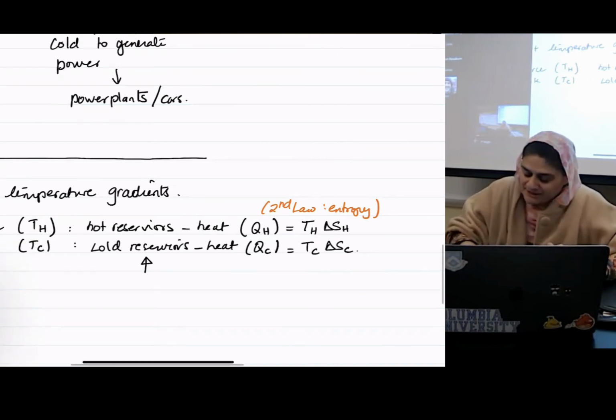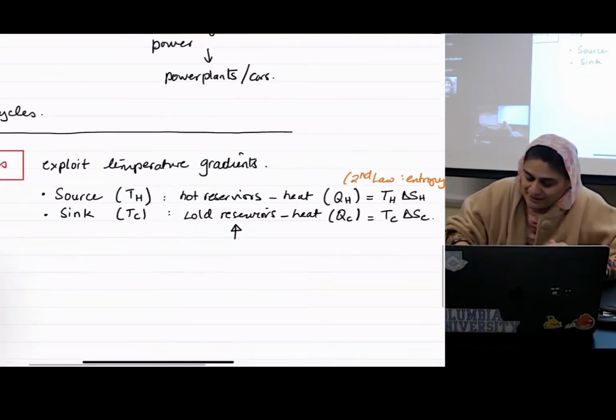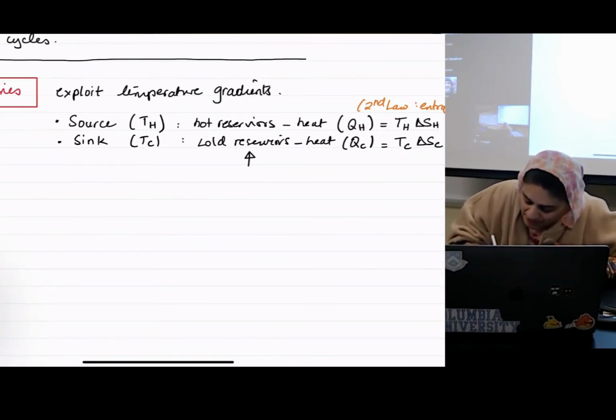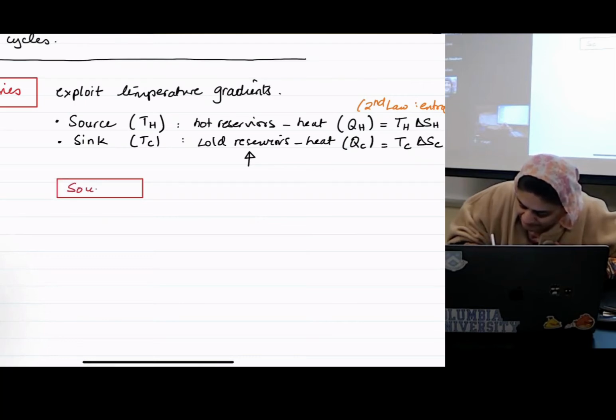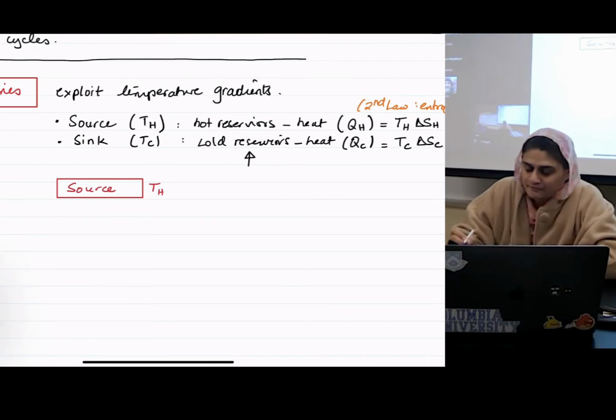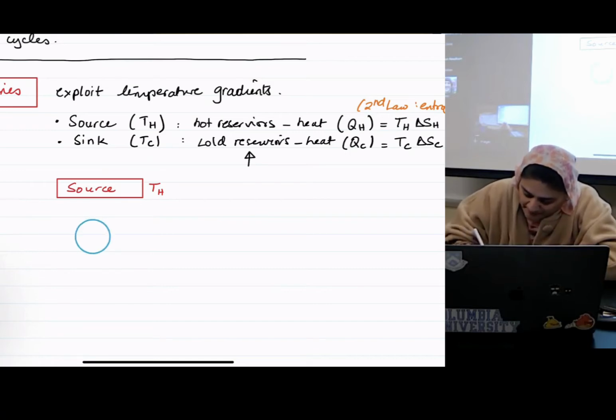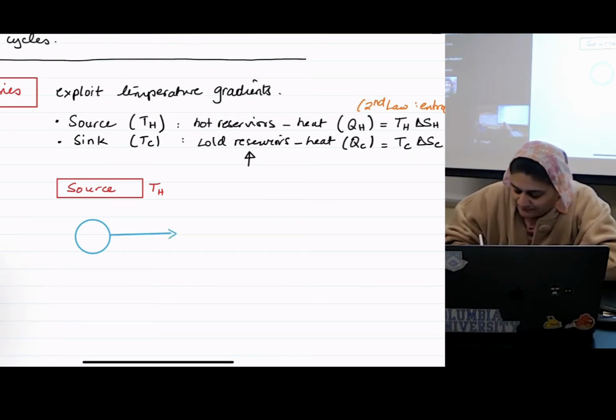So that means I can redraw this. May I redraw this as this? So I will have a hot source at temperature TH. I can put a paddle wheel in here or an engine in between. And that paddle wheel can give me some work out.